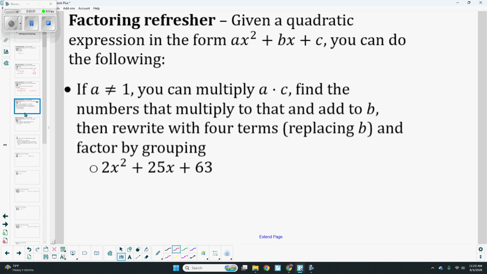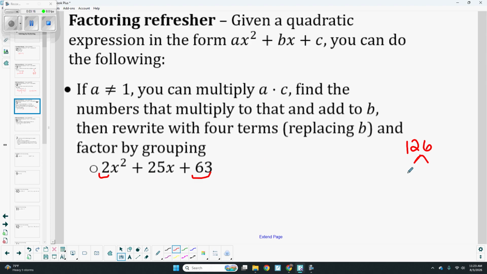If a is not 1, we can multiply a by c first. So 2 times 63 is 126. And then make the factors of that add to b.